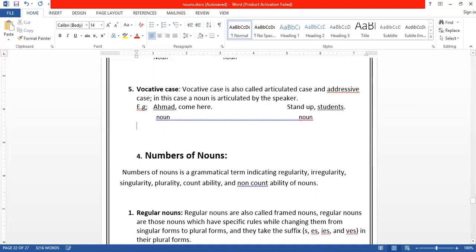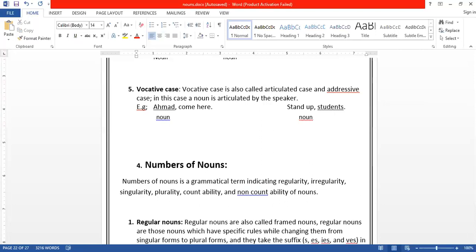Do not get confused with the subject case of noun. For example, if I say date, lunch is ready. Can you see here? I'm talking to date. What is date here? Date is the articulative case because you call to your date. Lunch is the subject noun, the subjective case, but date is called the vocative case.